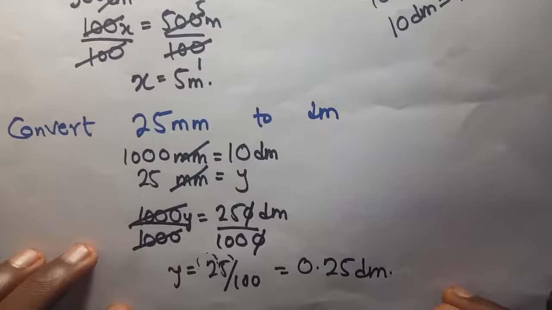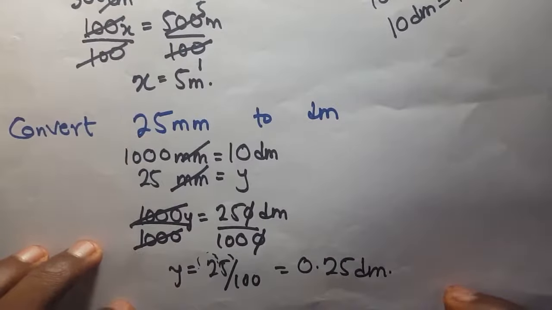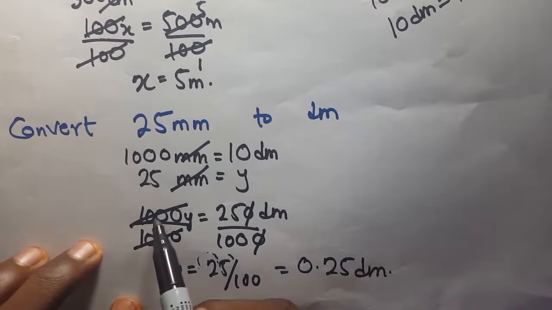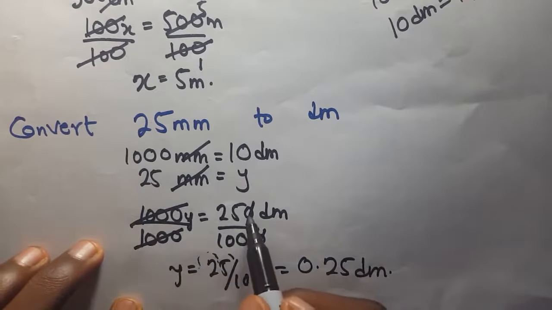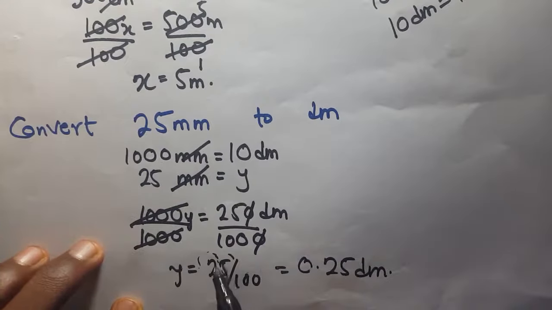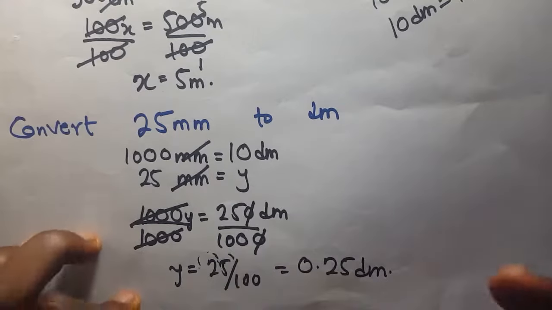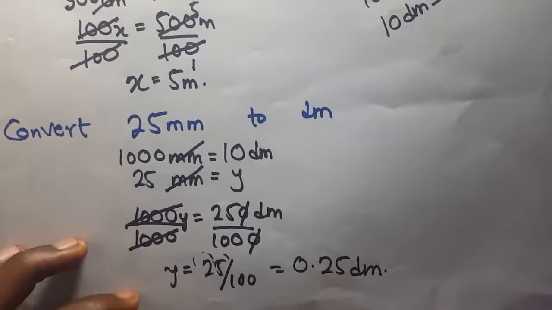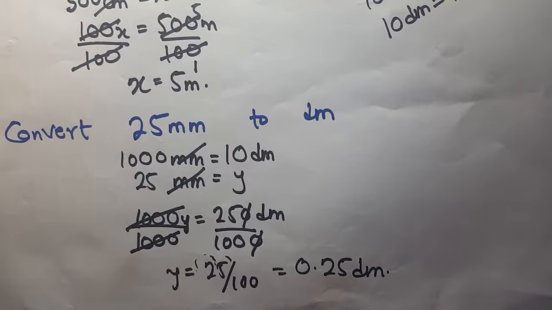As simple as that. So 1000y equals 250 dm all over 1000, then y equals 25 over 100, and you get 0.25 decimeters.